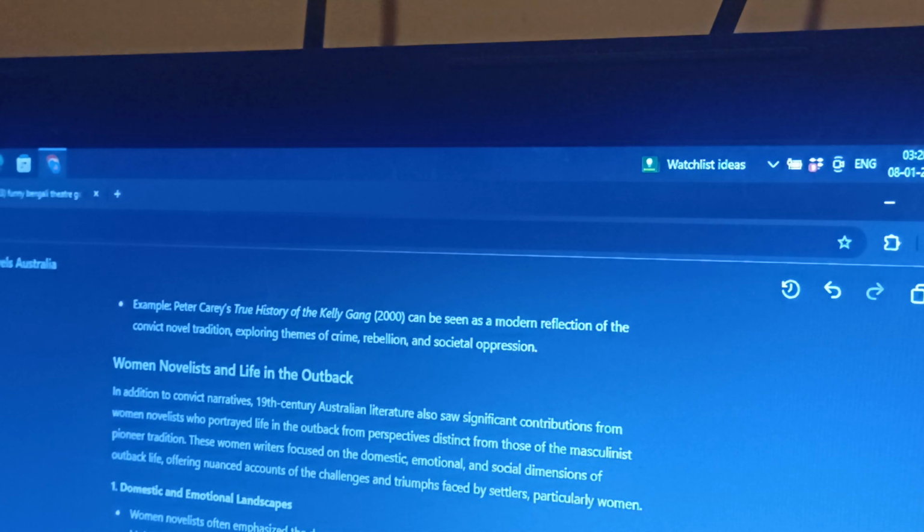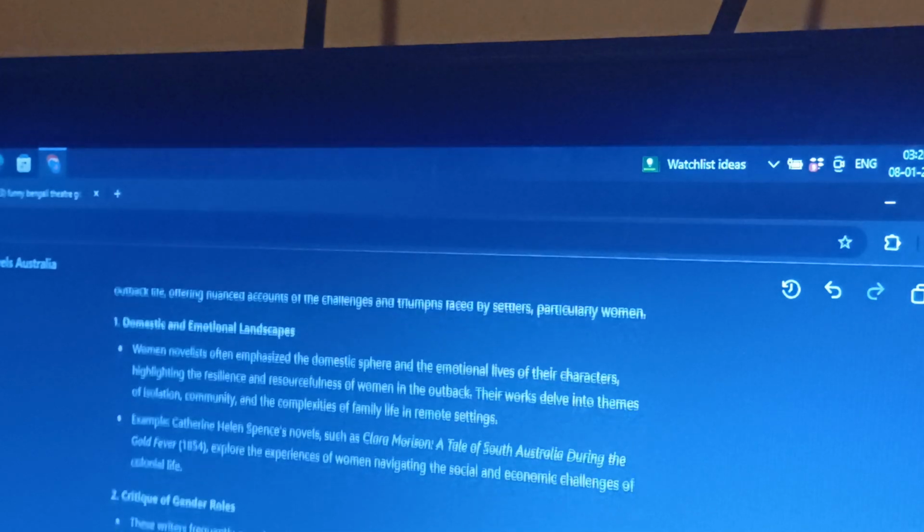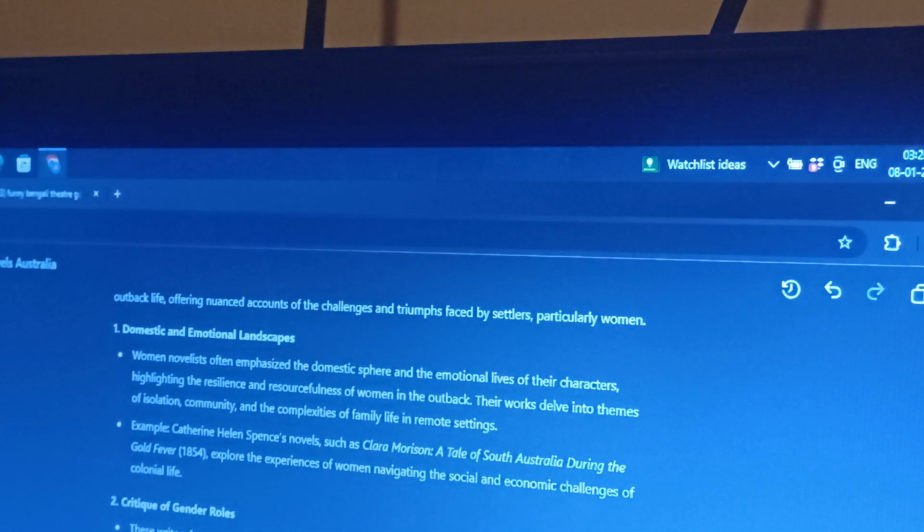These women writers focused on the domestic, emotional, and social dimensions of outback life, offering nuanced accounts of the challenges and triumphs faced by settlers, particularly women. Domestic and emotional landscapes. Women novelists often emphasized the domestic sphere and emotional lives of their characters, highlighting the resilience and resourcefulness of women in the outback.